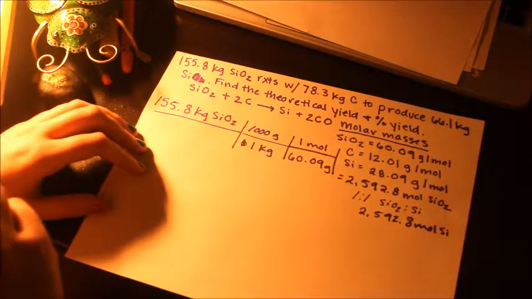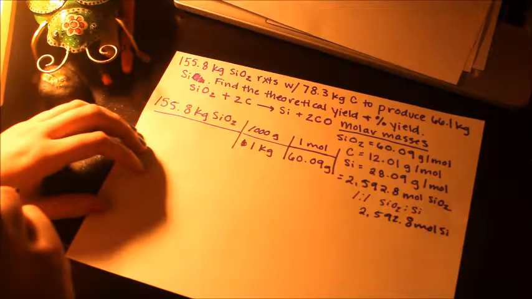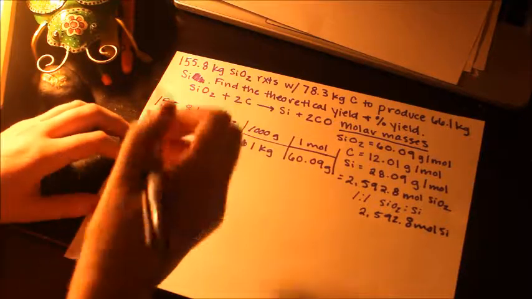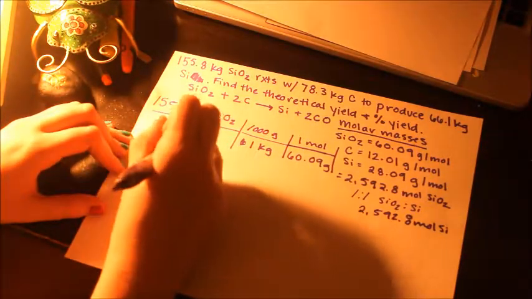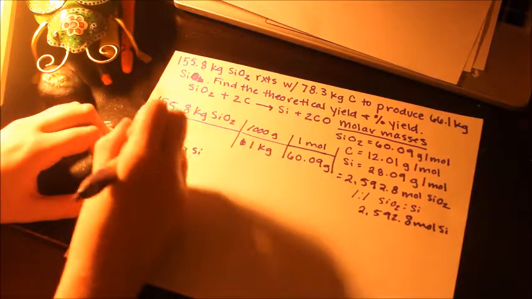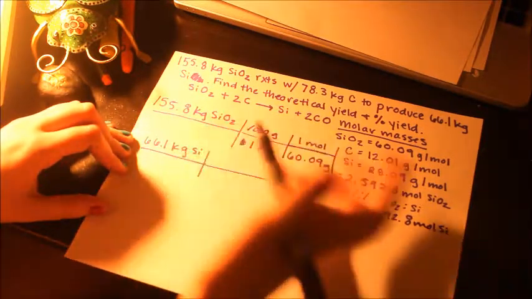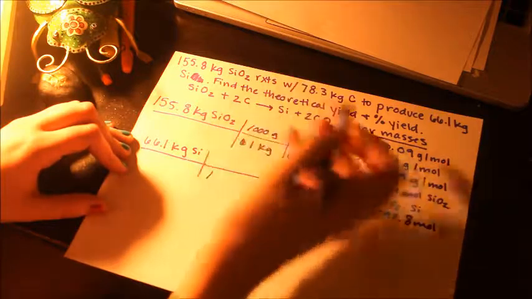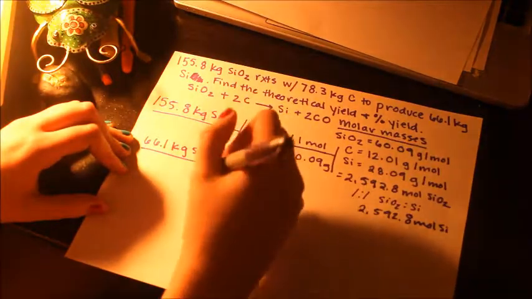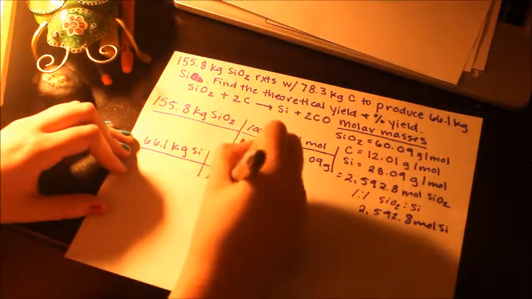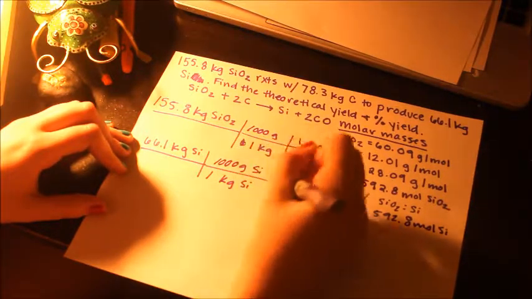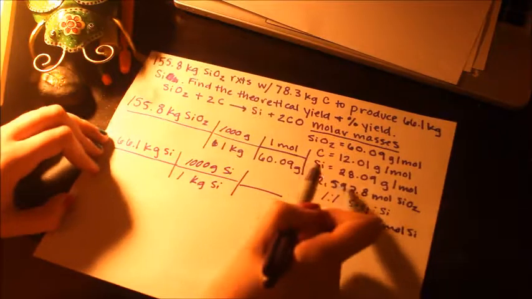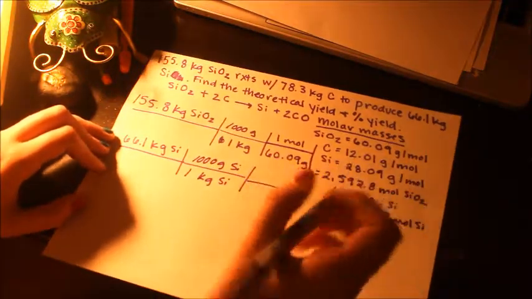And so what we can do now is we can take the actual moles produced, which is 66.1 kilograms of Si. We can find how many moles of that were experimentally produced. So we're going to take 1 kilogram Si, 1,000 grams Si, convert that to moles.